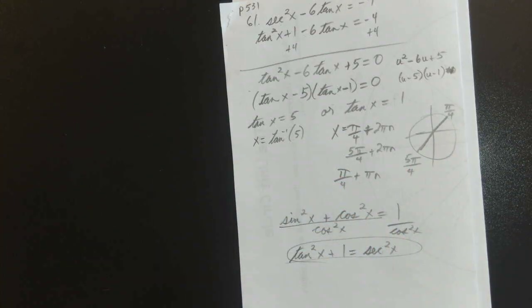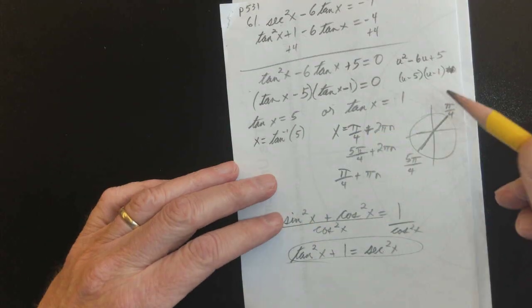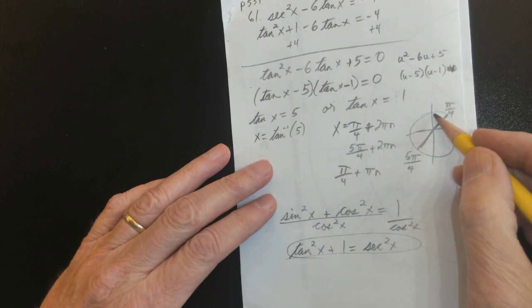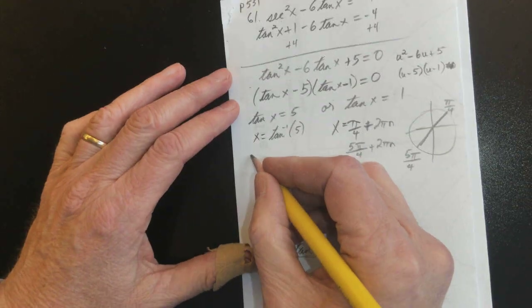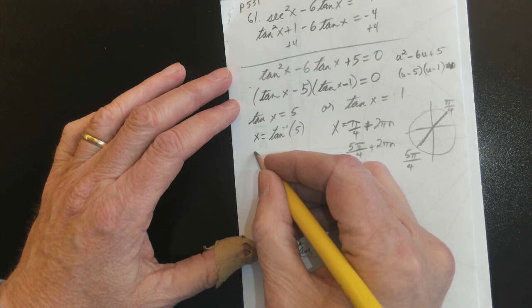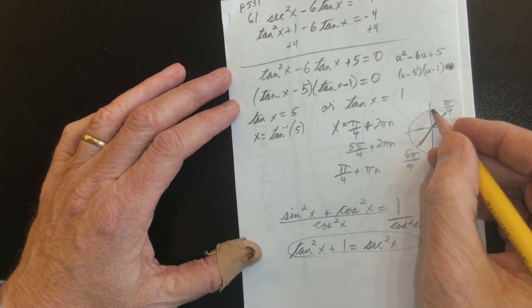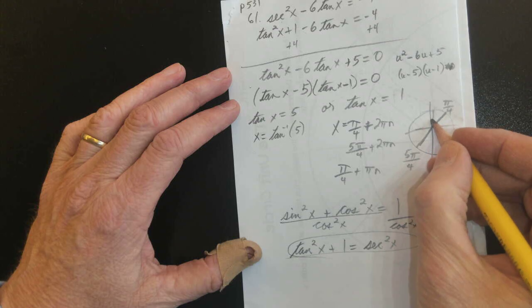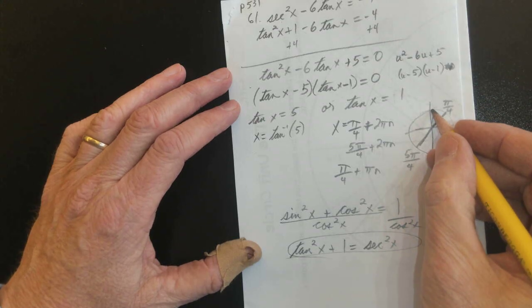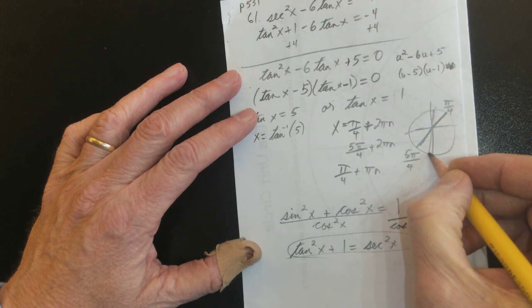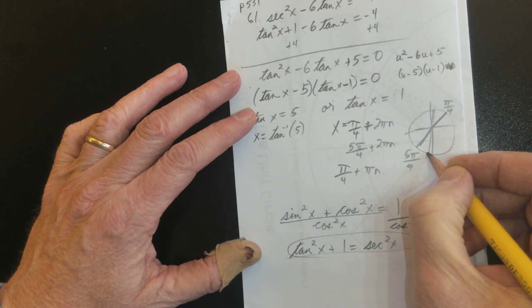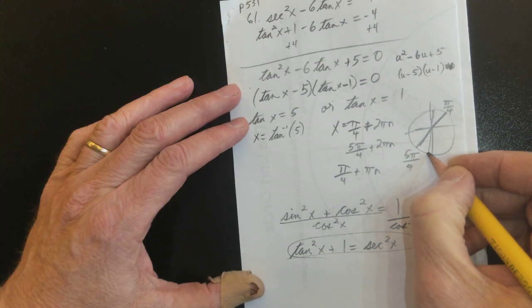Now, there would be 2 places where that ratio of sine over cosine is 5, and it would kind of be right around here, where the sine's a whole lot more than the cosine and positive, and down here, the negative sine is a whole lot more than the negative cosine there.